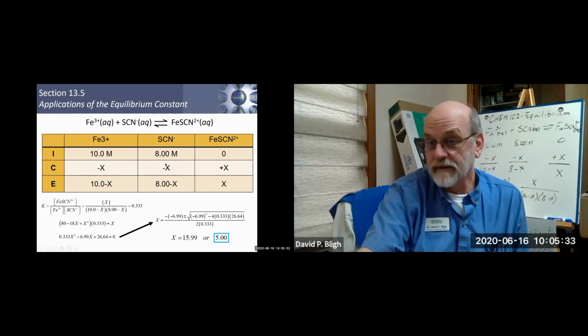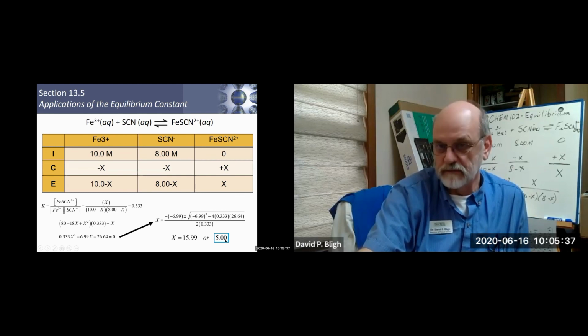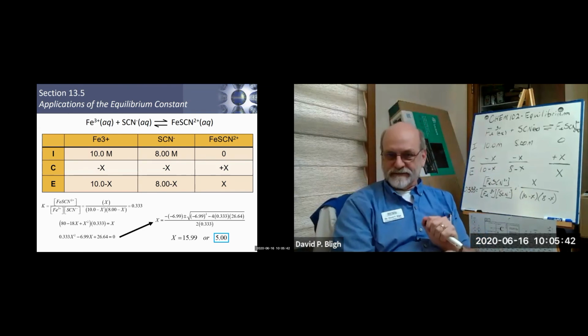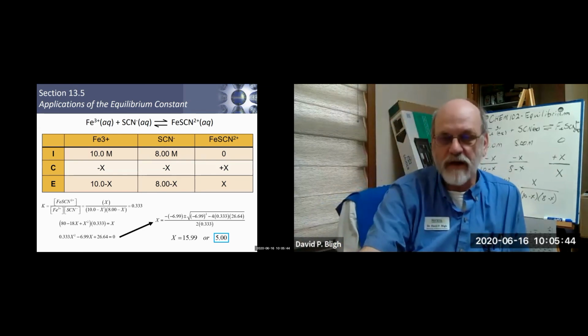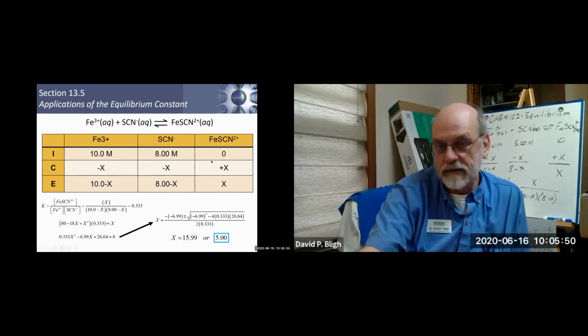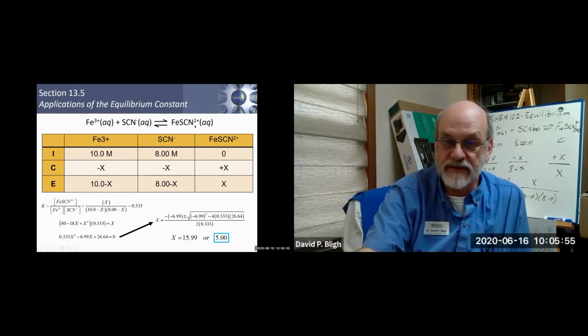Can't do it. So that eliminates 15.99, and 5 is the only possible. So that makes X equal to 5. And that's 5 molar concentration of the ferric thiocyanate ion. That complex, that's called a complex ion.